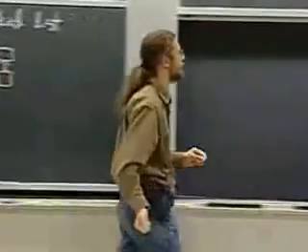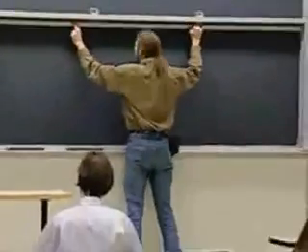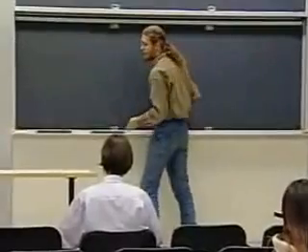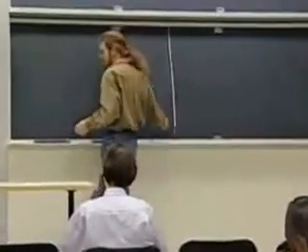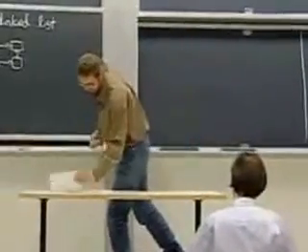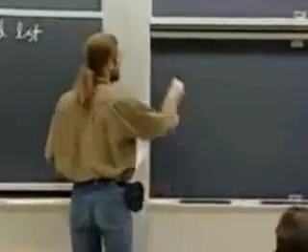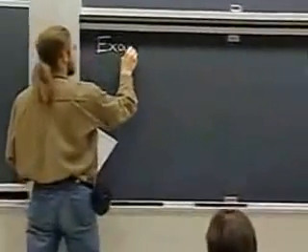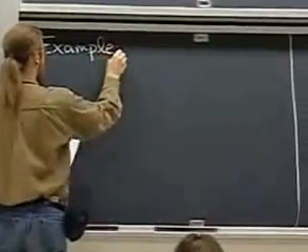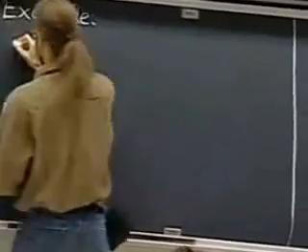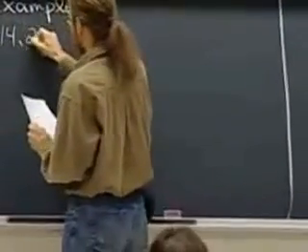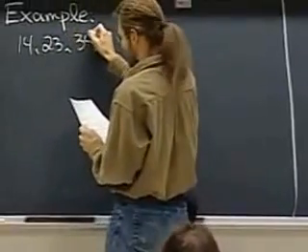And to give you some inspiration, let's play a game. The game is, what is this sequence? So, the sequence is 14. If you know the answer, shout it out.